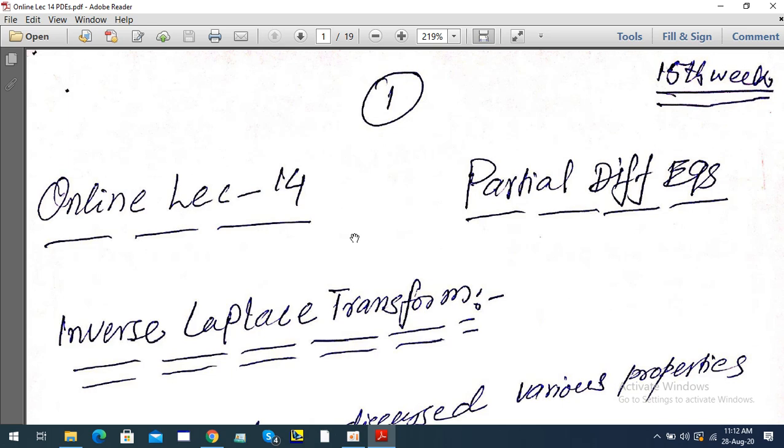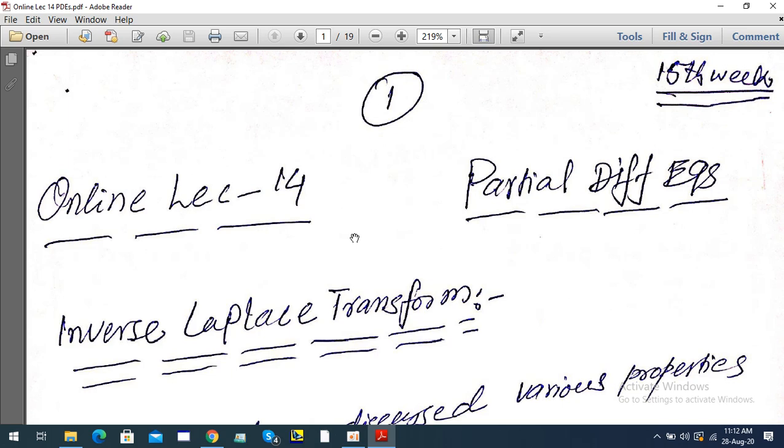So we have discussed so far the Laplace transform of a function. What is Laplace transform? Why Laplace transform?